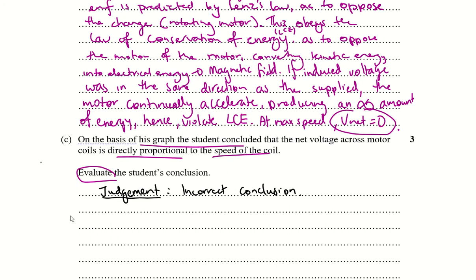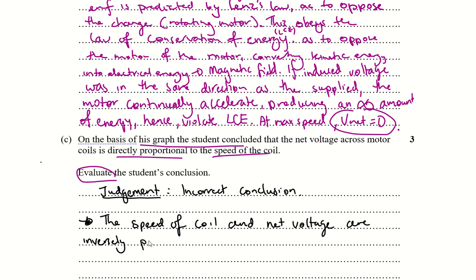Okay, we know firstly the speed of the coil and net voltage are inversely proportional to each other according to the graph.